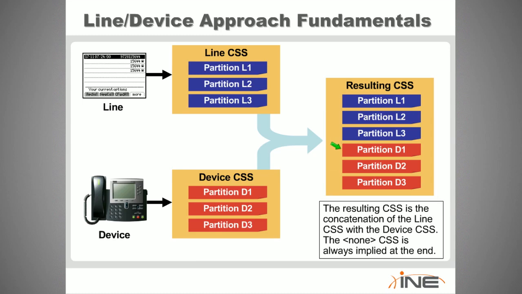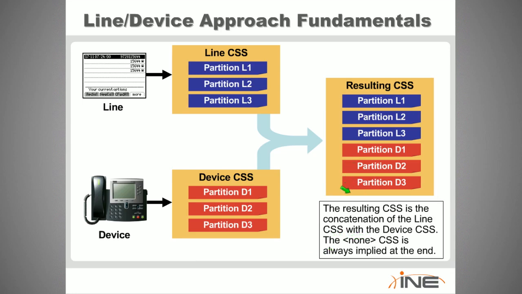However, if D1 matches the pattern I dial, let's say 911, and L1, or even let's say L3, also matches the pattern of 911, then because they are a direct tie, if they both equal the same number of potential patterns, maybe they're both 91X and 91X, or 911 and 911, they're both equal matches, then the line's L3 partition will take precedence because of the ordering of the partitions within the resulting concatenated CSS.